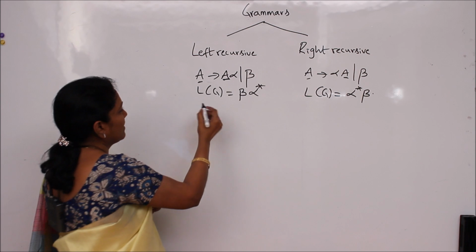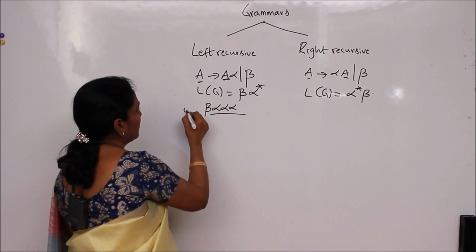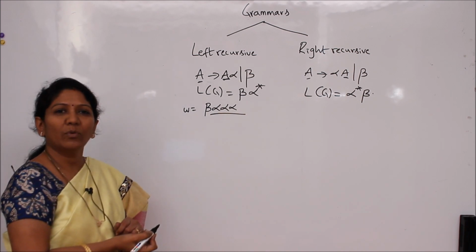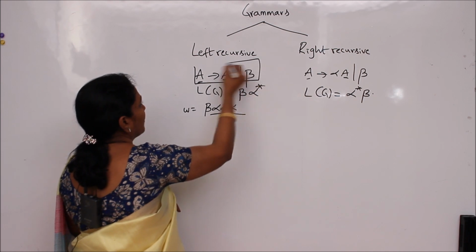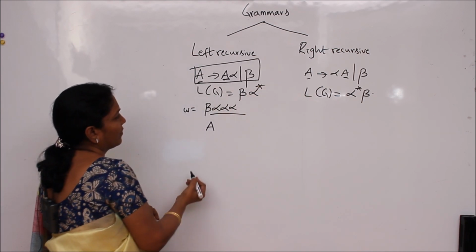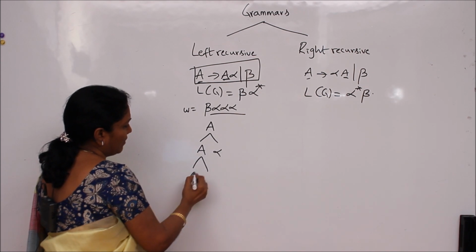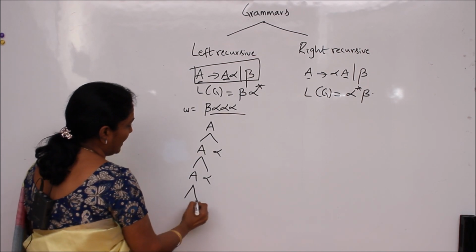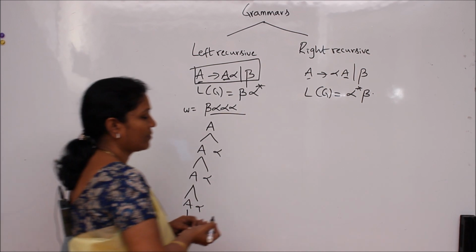So if I take a string something like beta alpha alpha alpha as my input string here, how do I derive this input string by using this grammar? Start with A. A can be A alpha, A can be A alpha, A can be A alpha and then beta.